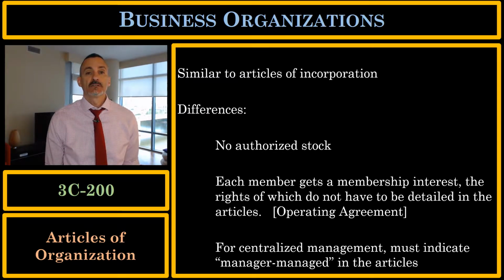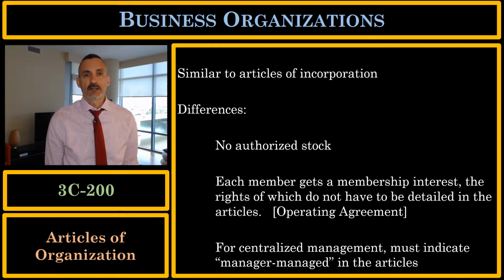The relative rights of each of these membership interests will usually not be described in the articles of organization, but in another document that is very important to the LLC, the operating agreement.